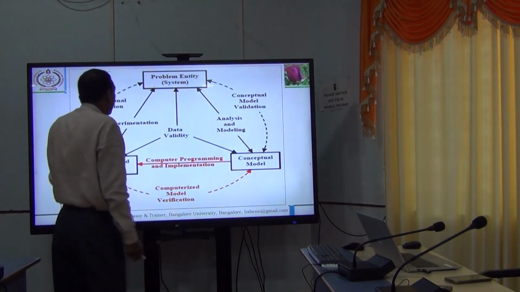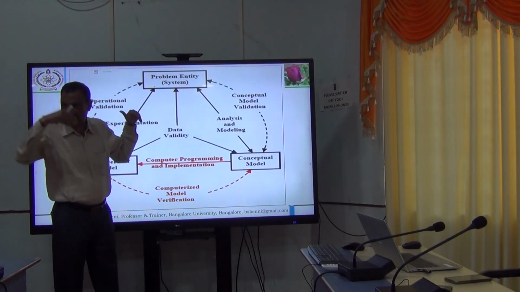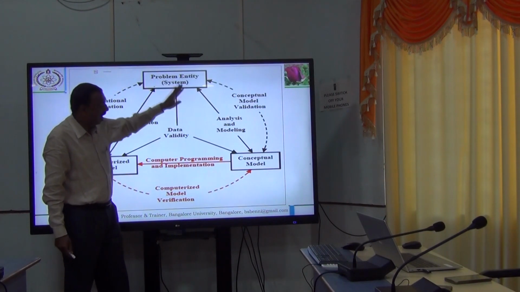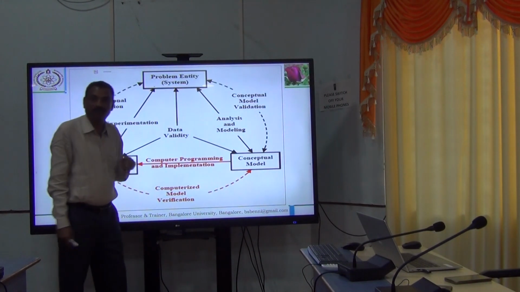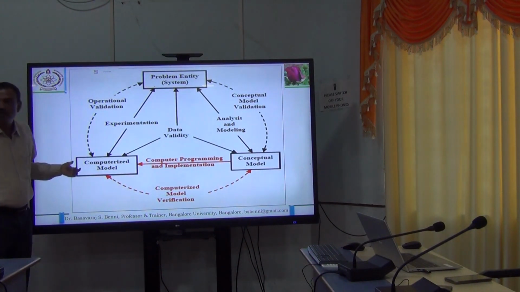Please remember, I will come back to these issues later, and we will try to understand the further linkage. But right now, once I understand the problem and conceptualize it, based on the conceptualization I use computer programs.